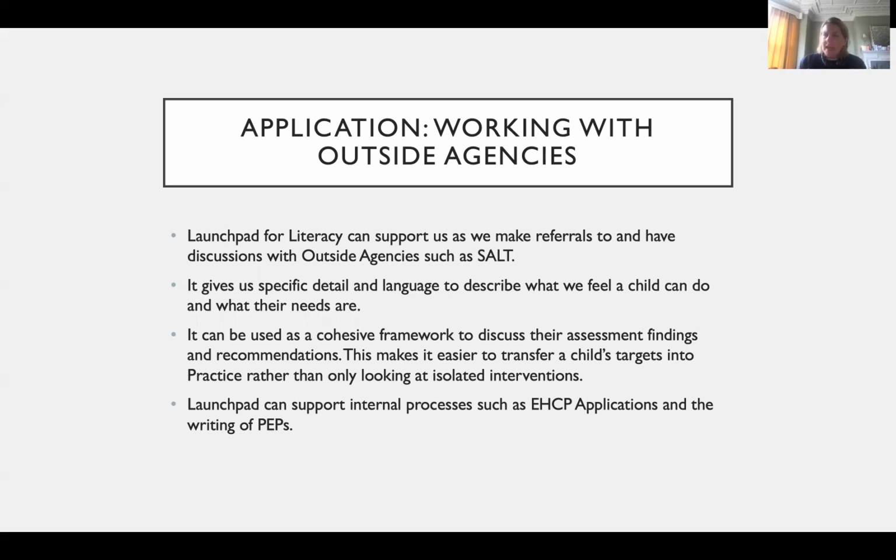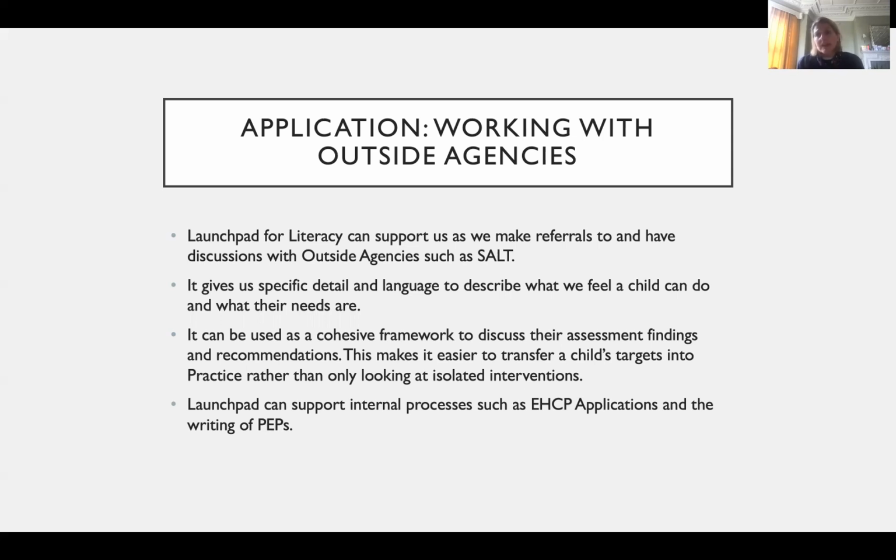It can be a cohesive framework for outside agencies to discuss and feed back about a child. I know speech and language therapists who use the framework to talk about what they found with the child, what they feel the child can do, where the child's gaps are, and also the priority gap that needs to be dealt with before the other gaps. And that's a really useful application.